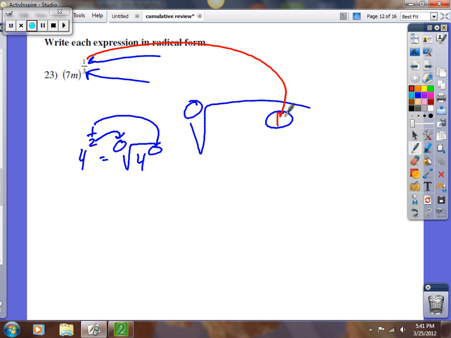Numerator goes underneath the radical, and the denominator, that's the index of your radical. So 3. And then this guy right here, 7m, is what is underneath. And because they've got 7m in parentheses, let's put our 7m. So our answer is just the cube root of 7m.